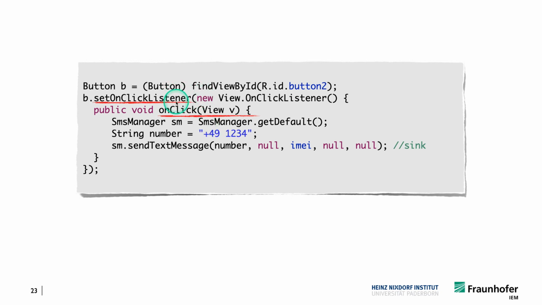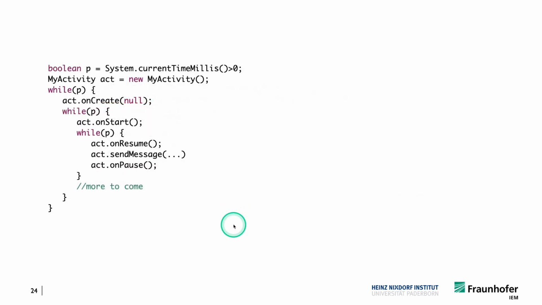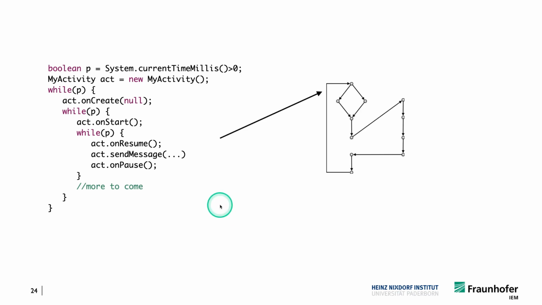So this here will actually cause this particular on-click callback to be called when this button B is clicked, right? And so this button is first retrieved by a certain ID that is actually also defined through this XML file, but then the Android code is used to actually register that listener. Now this we can in principle handle in a similar way.